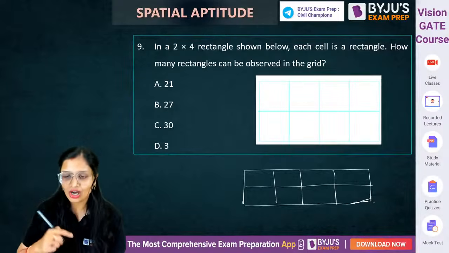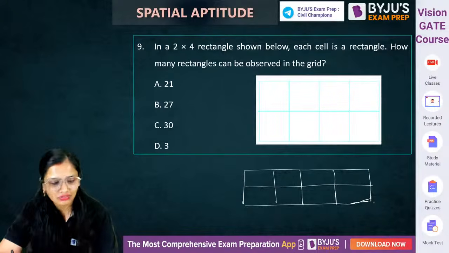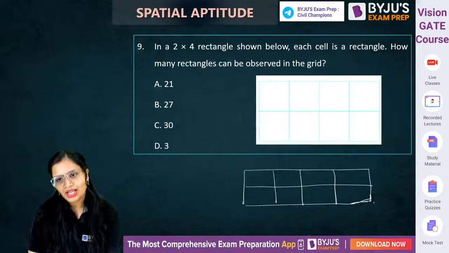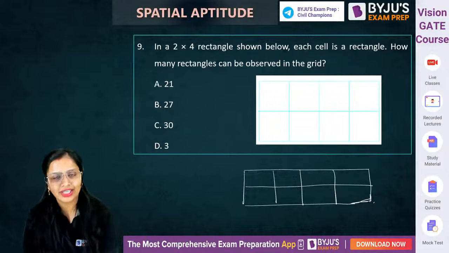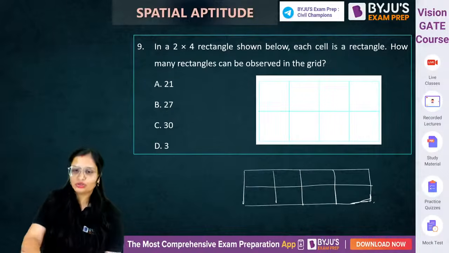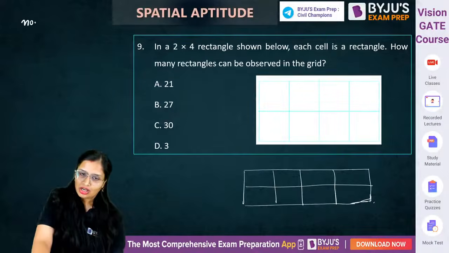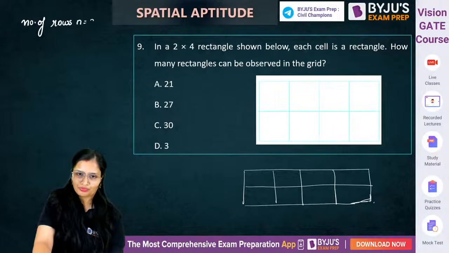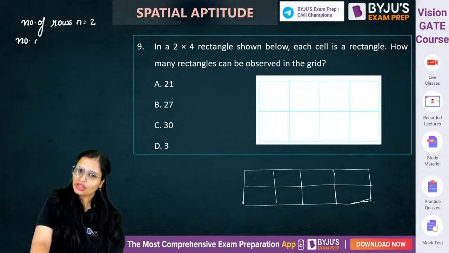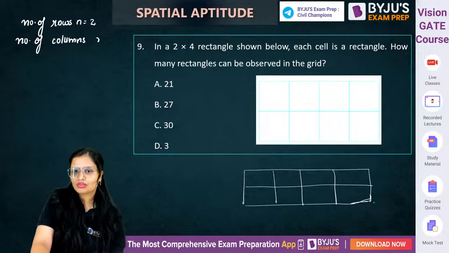It is asking how many rectangles can be observed. How will you calculate it? There is a ready-made formula with the help of which you will get the answer. First, how many rows are there? 2. How many columns are there? 4.